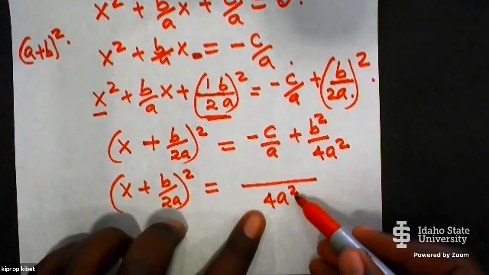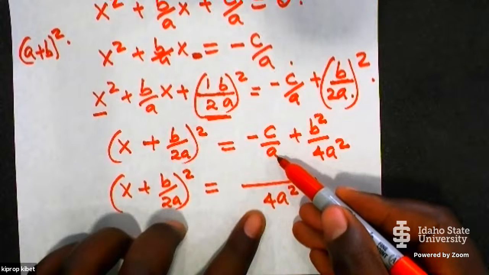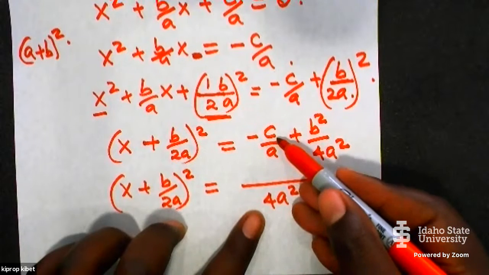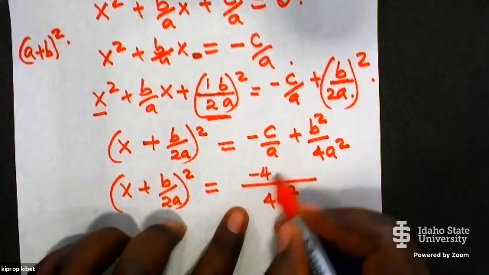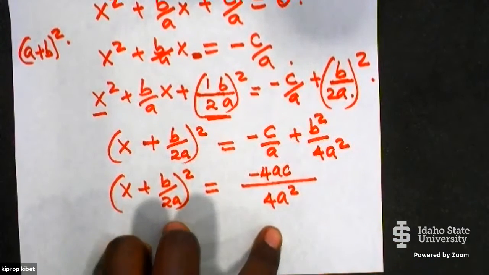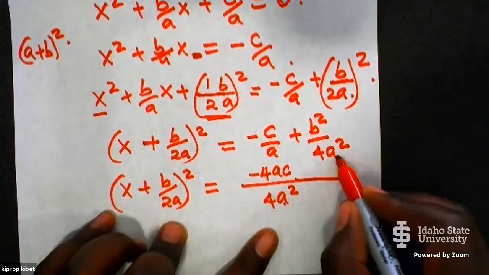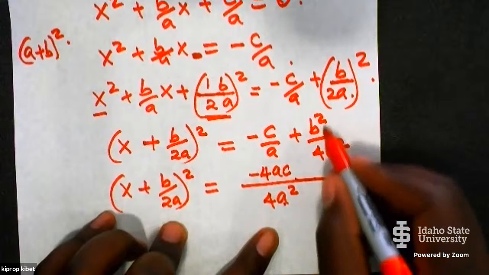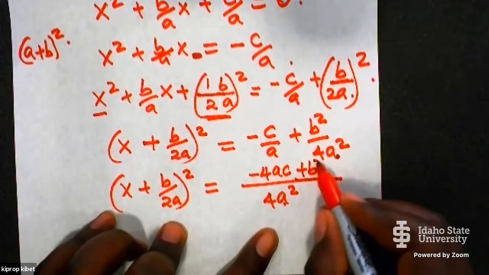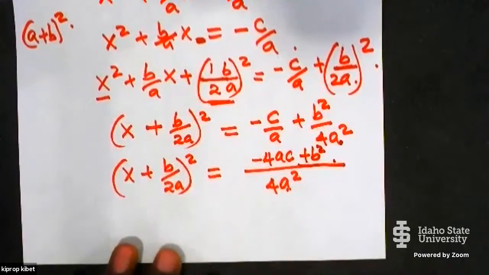So 4a squared divided by a is 4a, times minus c is minus 4ac. And then 1 times b squared is plus b squared.